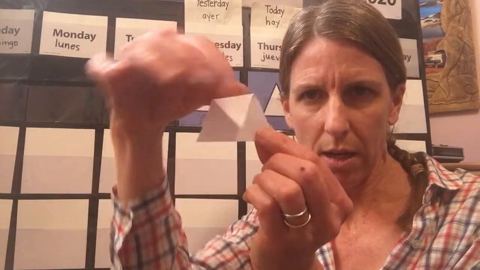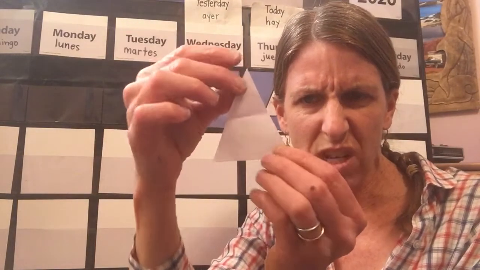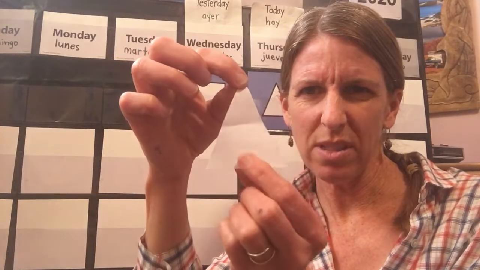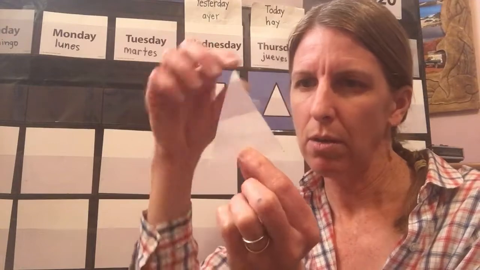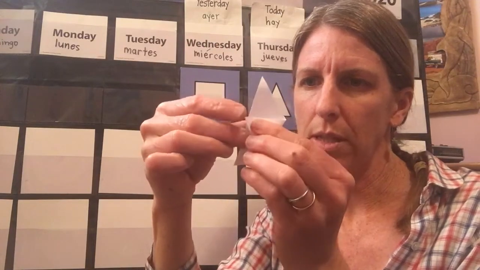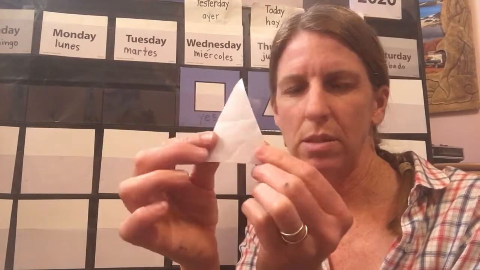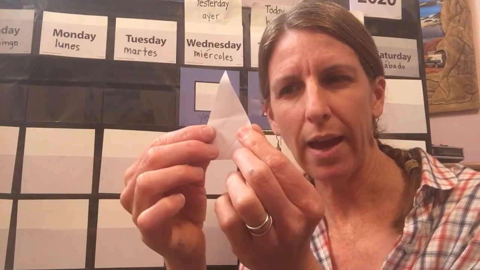Maybe like that? Is this top part the same as this bottom part? No, they're not the same. Okay, well, what if I folded this over here like that? Is this part right here the same as this part up here? No, that's not symmetrical.